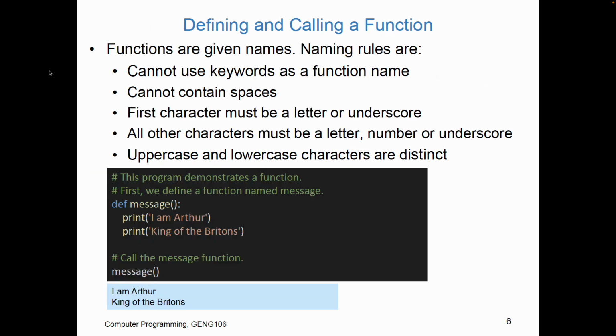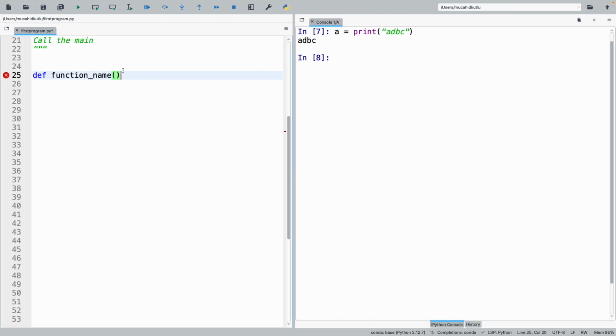But some functions might not have any parameter. Even though they don't have any parameter, we put the parentheses, open and close, and then the colon. And then with the following indentation, we write whatever code we would like in this function.